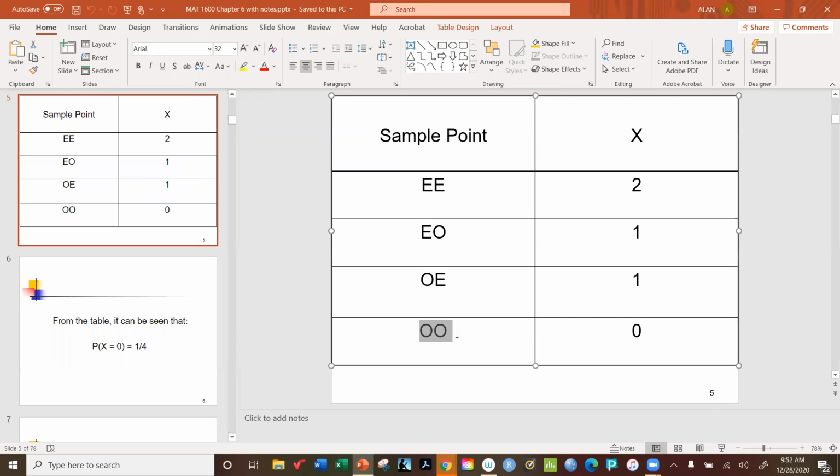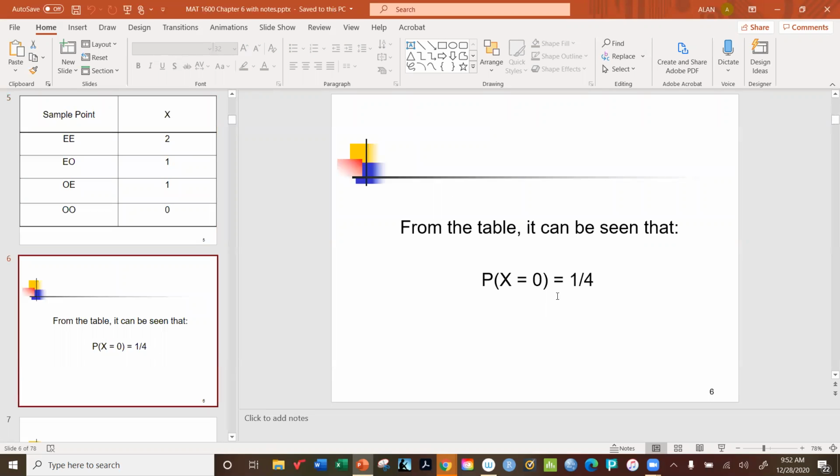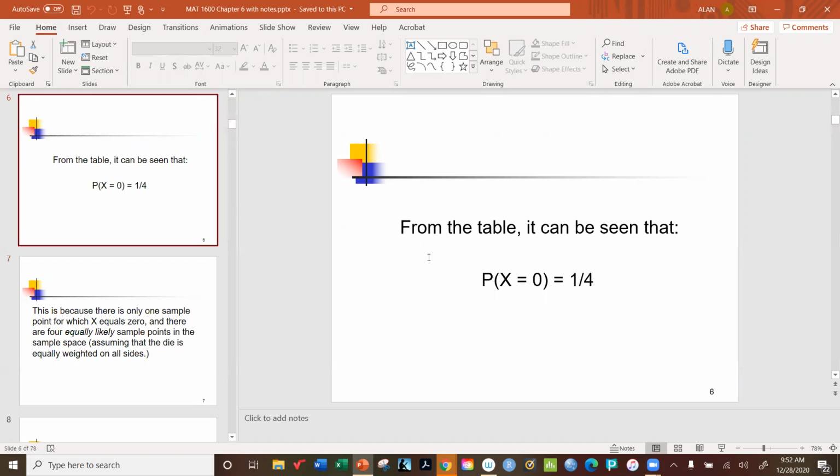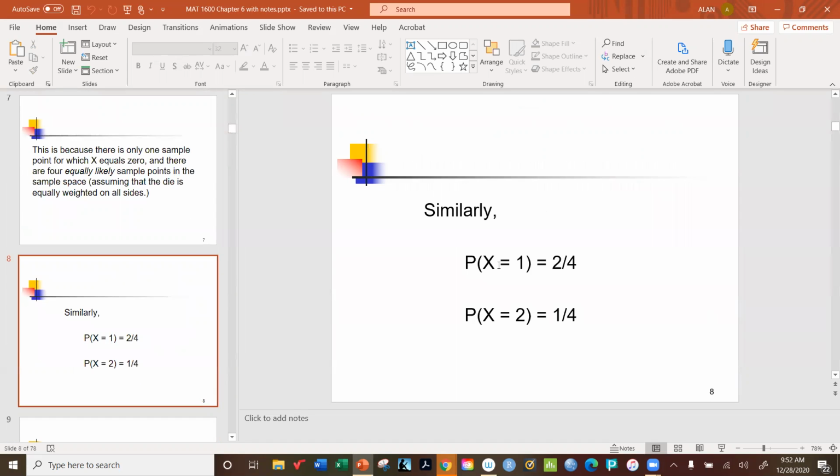Because there's only one way we can get no evens out of 4 equally likely outcomes, which means therefore this probability must be 1/4, or of course 0.25. And of course, this is based on the assumption that the dice are set up so that all sides are equally likely. There's 3 evens, there's 3 odds on each die. So therefore, this is going to have a probability of 1/4.